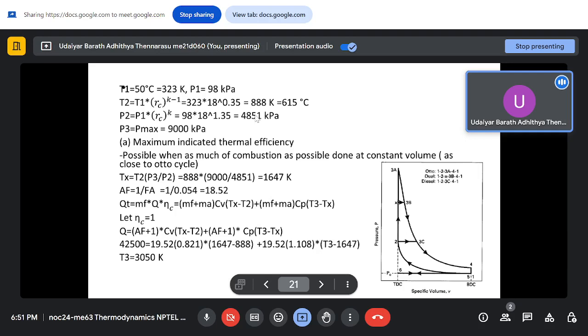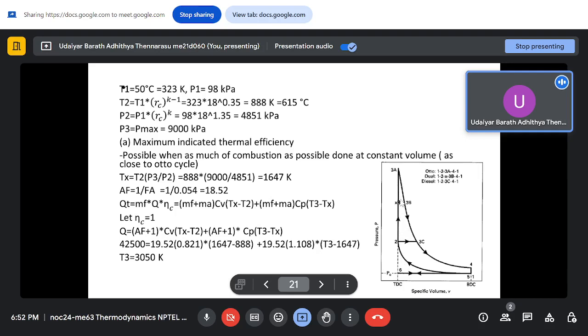You see this pressure is less than the maximum pressure which you can have. So you can increase the pressure at constant volume, like an Otto cycle.